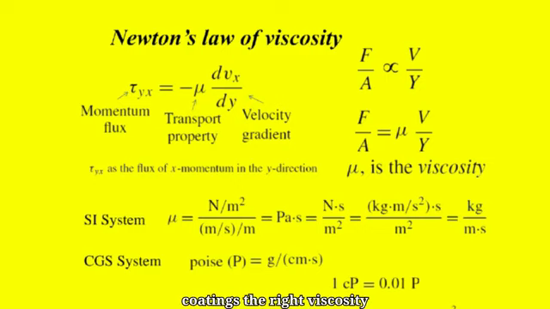In paint and coatings, the right viscosity ensures a smooth application. In medical fluids, blood viscosity affects circulation and is critical in diagnostics. So, the summary can be like: Newton's law of viscosity relates shear stress to velocity gradient.